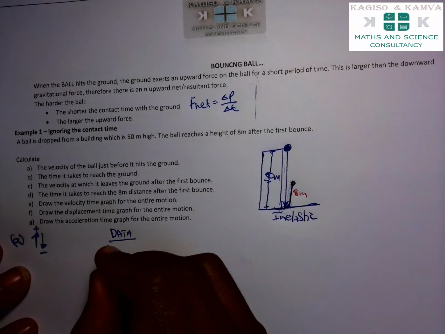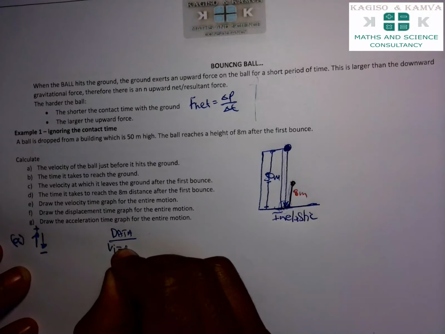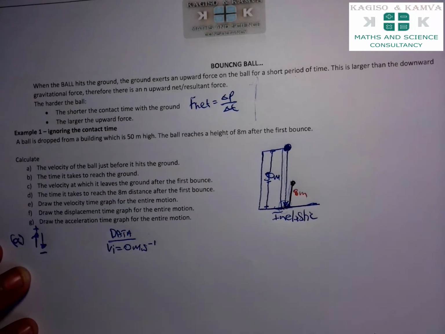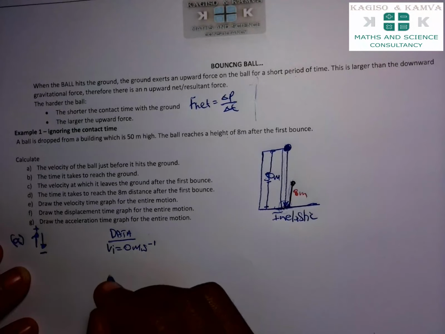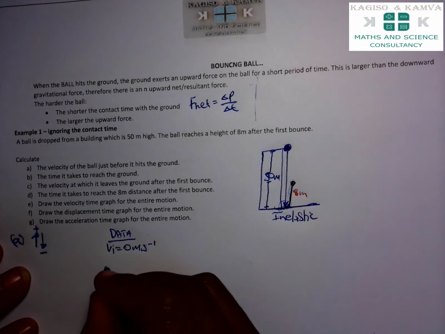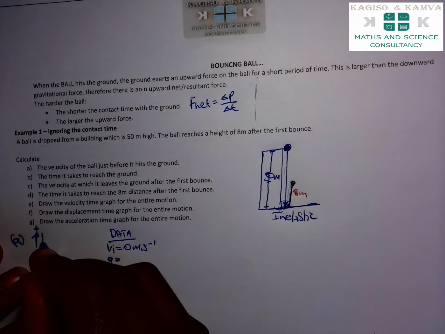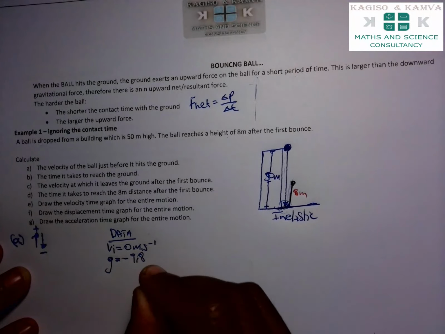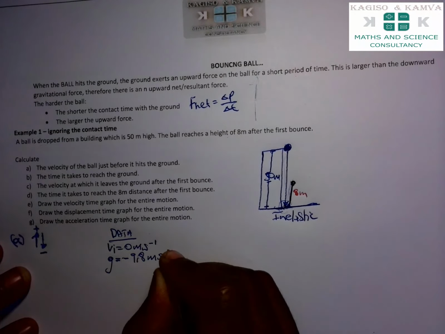So if it is dropped, the initial velocity is equal to 0 meters per second. And I also know that the gravitational acceleration is always directed downward, so that will be negative 9.8 meters per second squared.